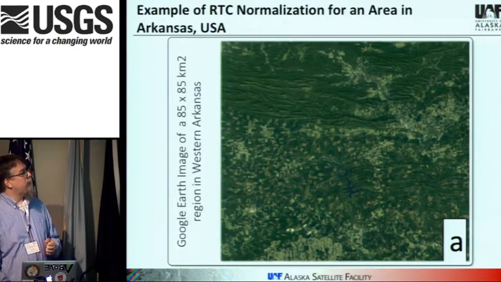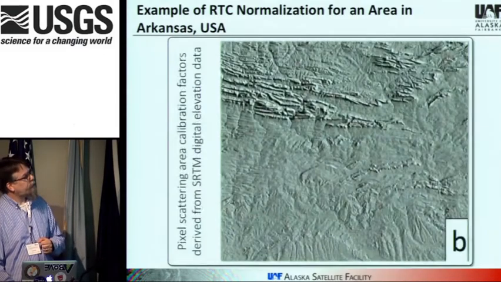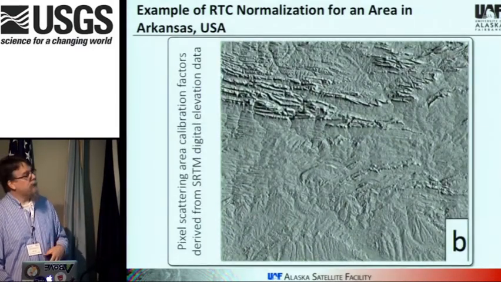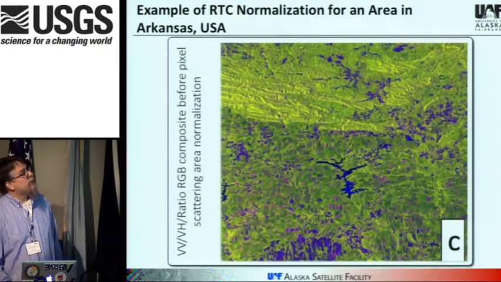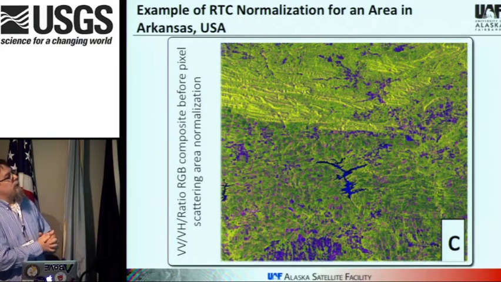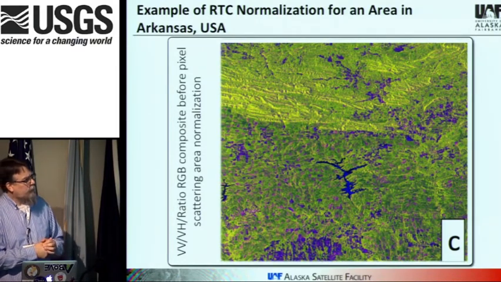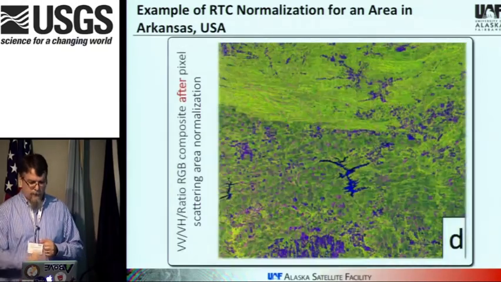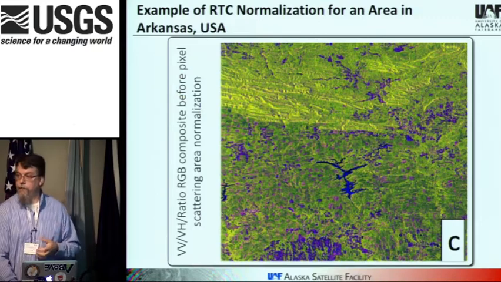So what does RTC look like for us? This is somewhere in Western Oregon, or Western Arkansas, excuse me. That's just an optical image. This is a correction factor based on the SRTM DEM. This is the original radar image here, a colorized version, so it's a band ratio image from Sentinel. And then once we correct it, what you can see is a lot of the topographic effects go away.